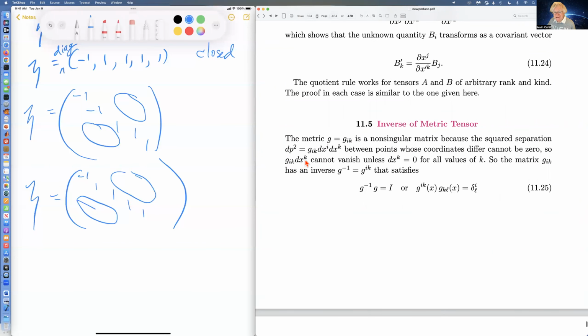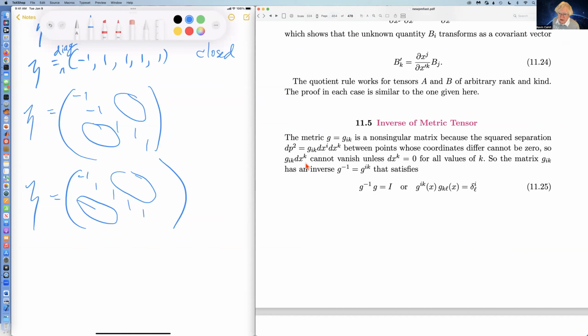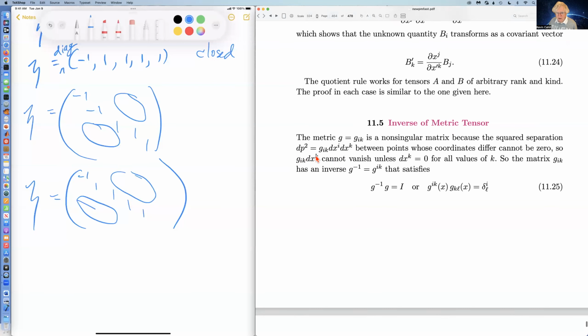That means G is non-singular, that the rows and columns are linearly independent.